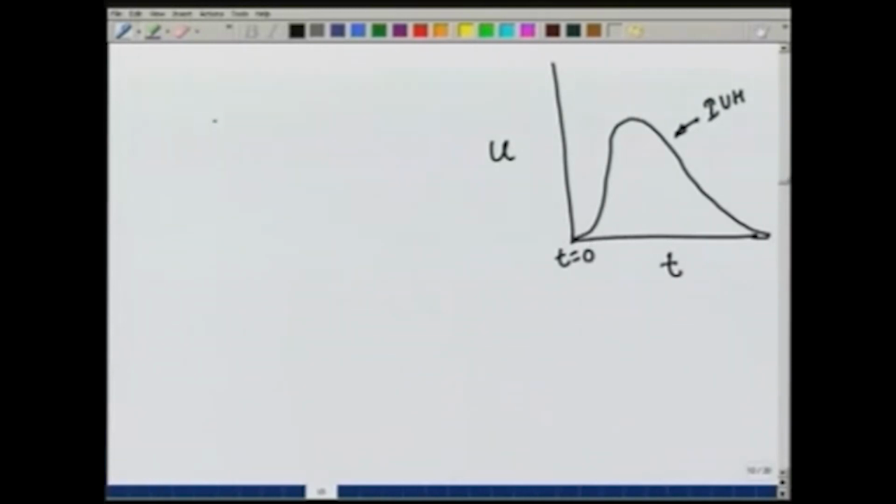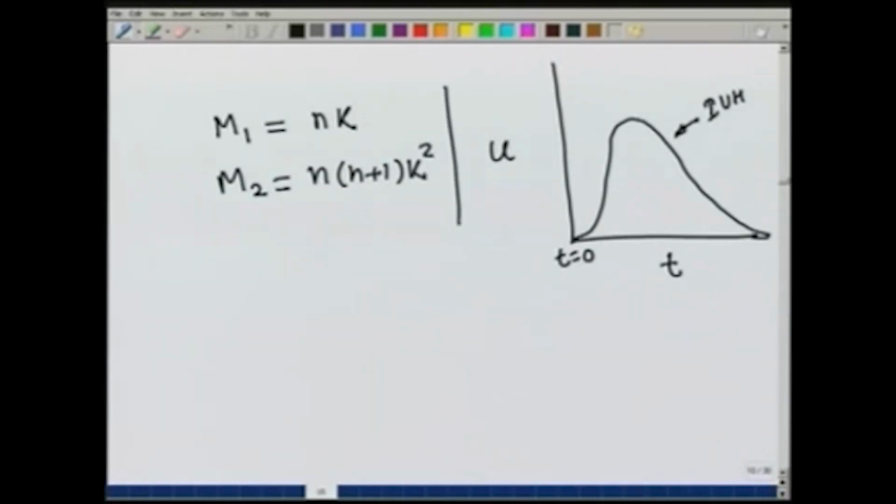For example, if we take the first moment, it is equal to n into k, and if we take the second moment, it is equal to n into n plus 1 into k square. So, if we have first and second moments of the IUH, we can write these two equations in terms of n and k and find out the values of n and k for a given basin.